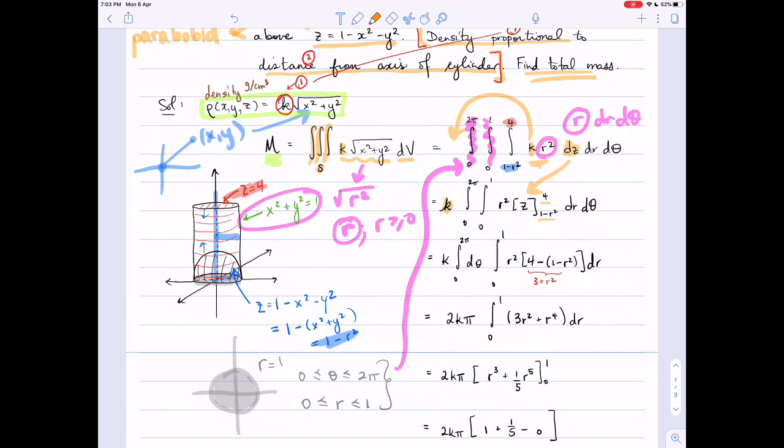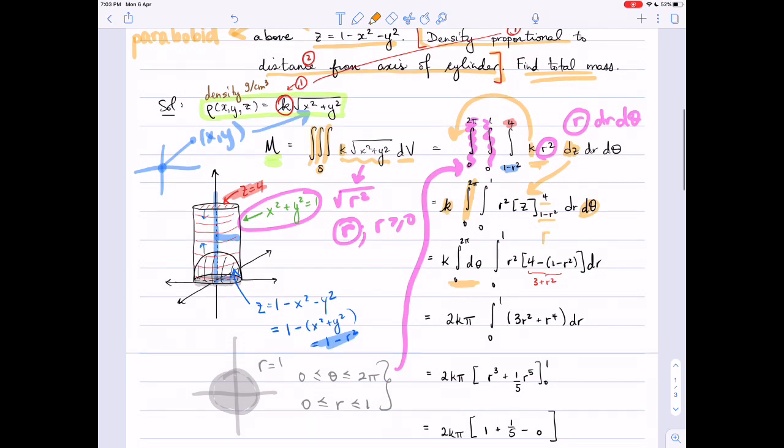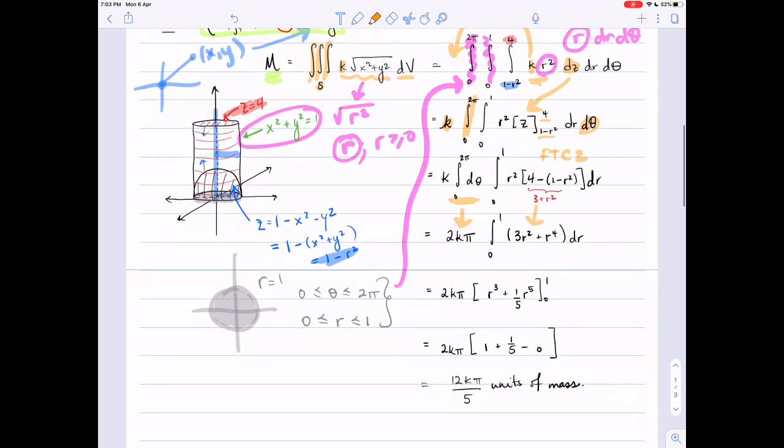Next I factored out the integral with θ because there are no thetas anywhere, so that becomes a constant with respect to r. Then I do FTC2 here, the top minus the bottom for z, and we get an integral which gives me 2π times k. Here we expand and get the integrand that you see before you, and then it's just a matter of evaluating and calculating down the way.